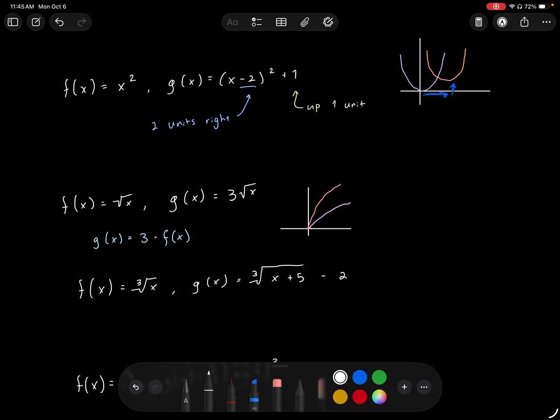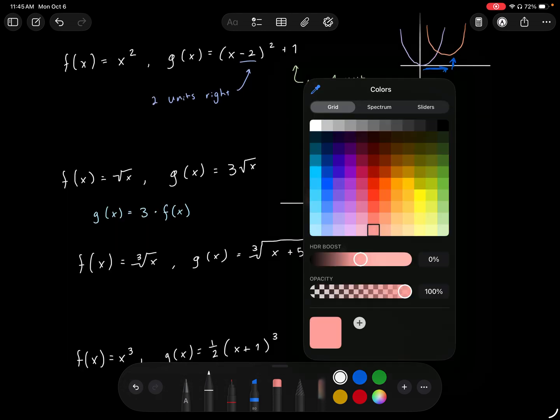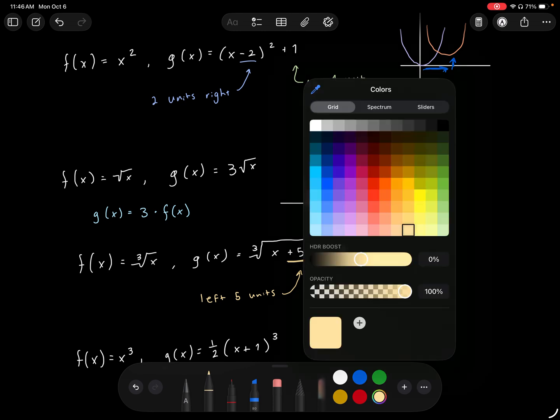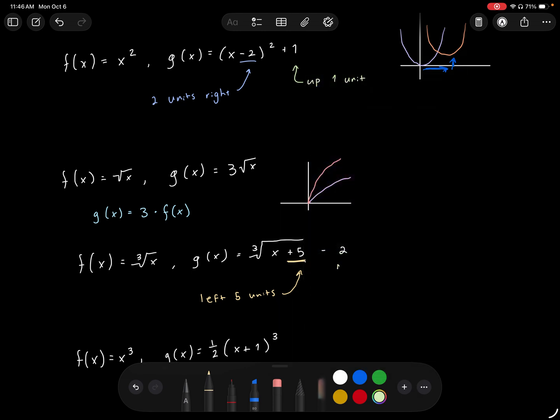So the 5 at plus 5 moves the graph left 5 units. And the minus 2 is going to move it down 2 units.